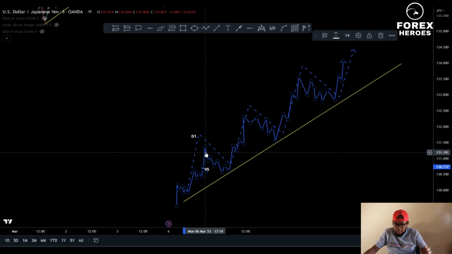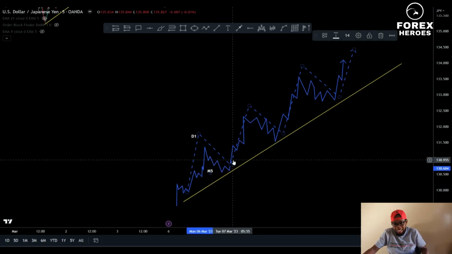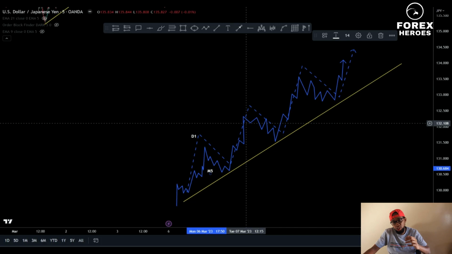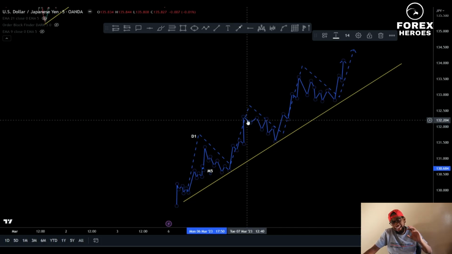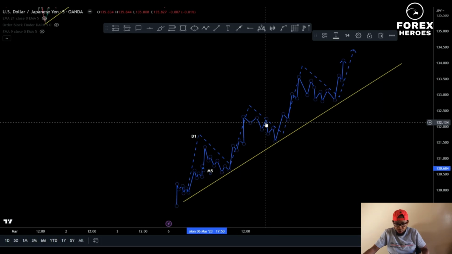In the smaller time frame, it gives you multiple entries, and you are able to enter and exit. That way you are building your account.